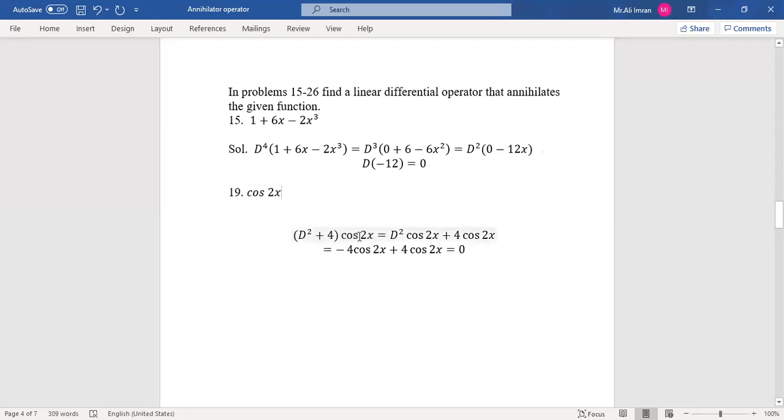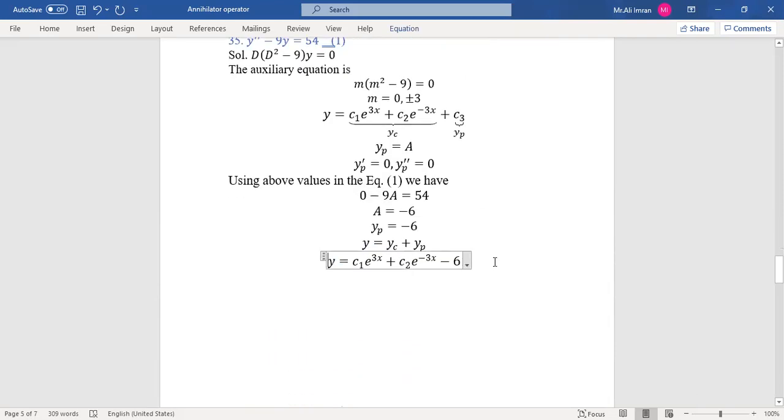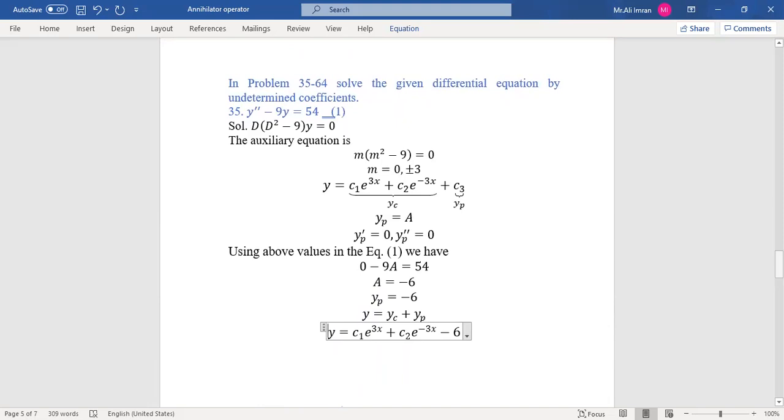Apply D square plus 4 on cos 2x: D square of cos 2x plus 4 cos 2x. The first derivative of cos 2x is minus 2 sin 2x, and we again find its derivative, we get minus 4 cos 2x plus 4 cos 2x is equal to 0. So the annihilator operator of cos 2x is D square plus 4.